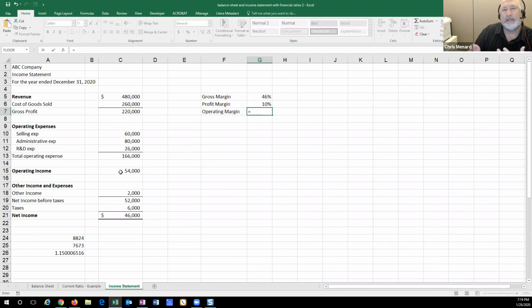But then I've got all these other expenses: selling expense, R&D, advertising. This includes all that stuff. If you think about it, web hosting, marketing, all that falls under operating. So it's going to be equals the 54,000 divided by, again, C5.